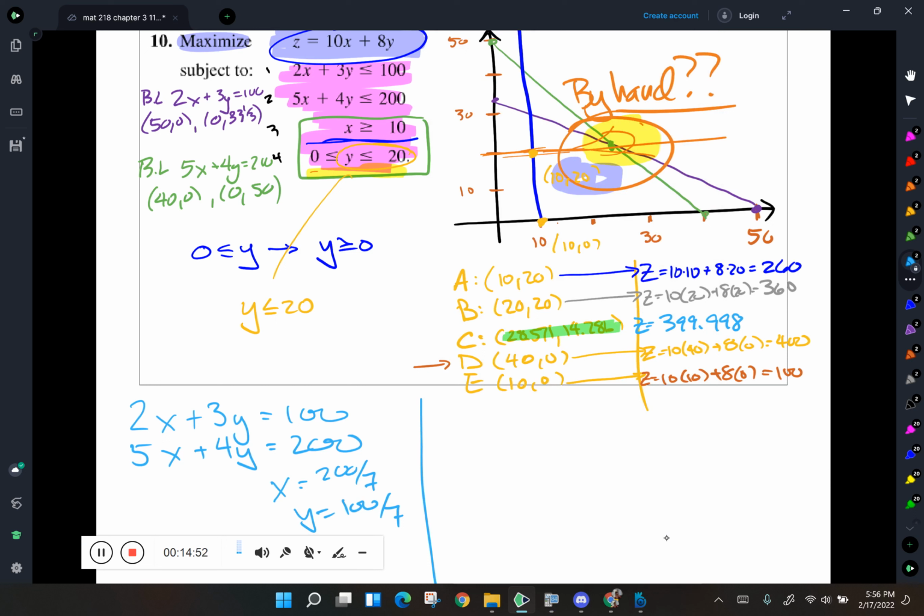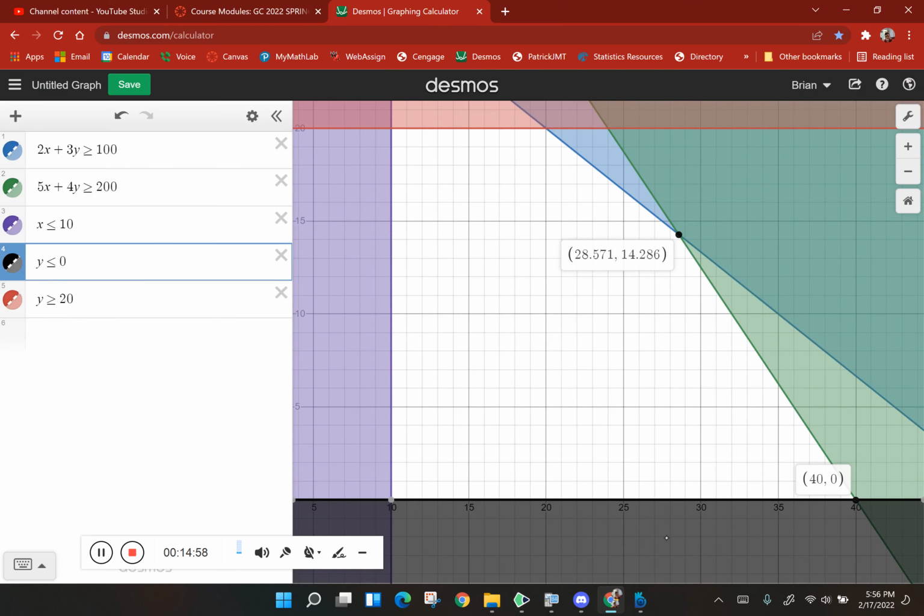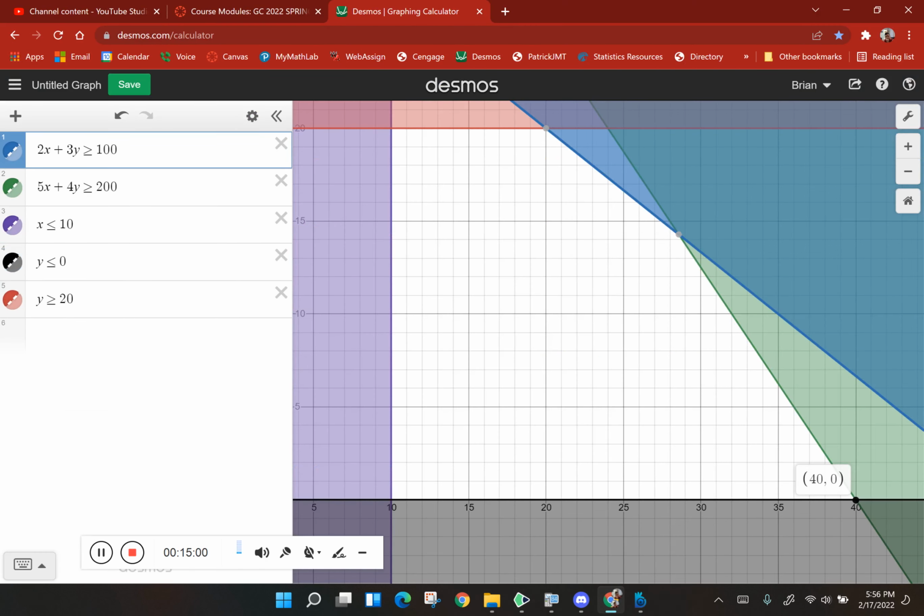Where are we at? Oh yeah, I found out by looking at the graph that every point on this entire edge between those points is going to be a maximization of my system. So now I need to parameterize my system.